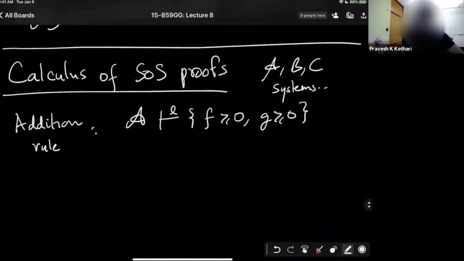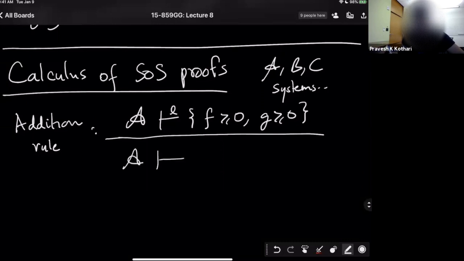And notice I've suppressed the variable of the proof because it's some fixed X. Above this horizontal line, I write things which are my hypothesis, and below I write conclusions.